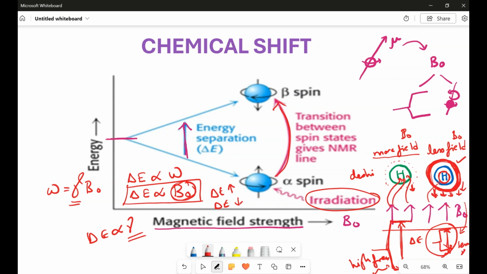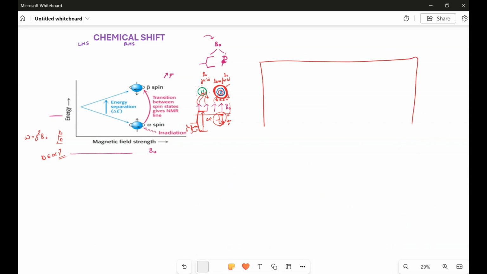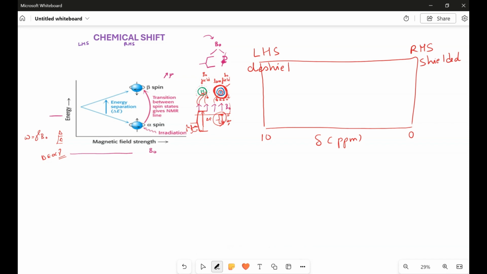Now we have differentiated. So this is what we were discussing. When I talk about the NMR spectrum, I said it goes from 0 to 10 delta ppm. I'll come to this delta in a short while. So I have the right hand side and the left hand side. The right hand side we said to be shielded, and the left hand side we said to be de-shielded.